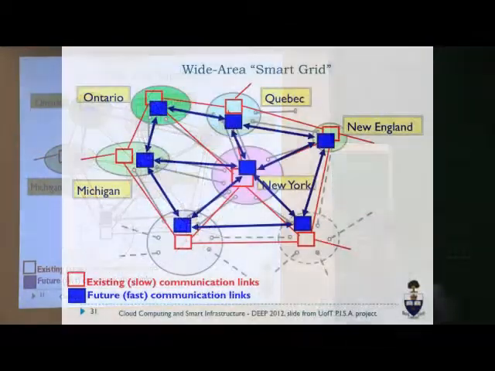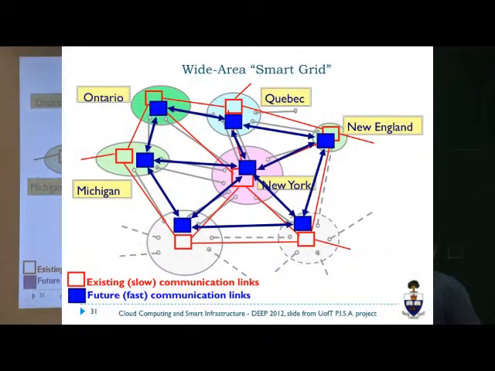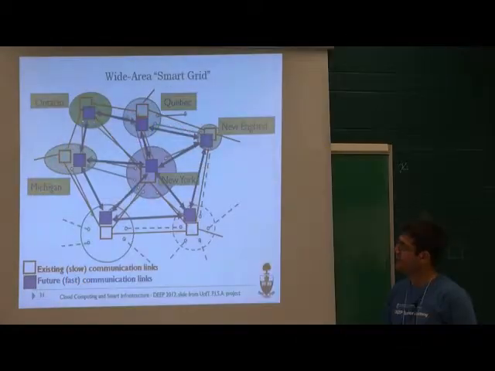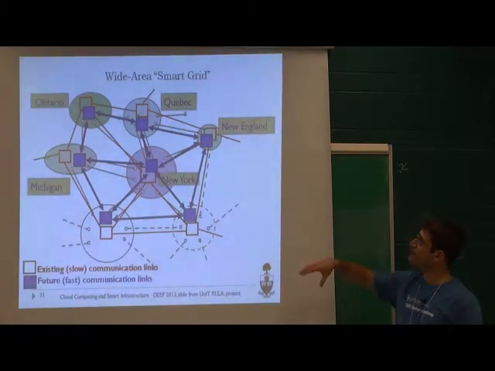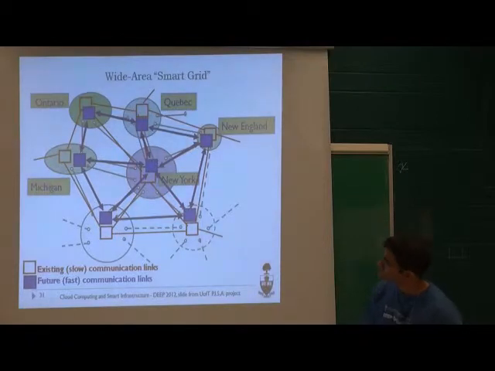If you look at a wide area smart grid, you can think of having smart grids in different areas, and you can have different cities even across provinces and across countries even, being all interconnected, right? And the most important thing in here is the blue arrows that are bidirectional.